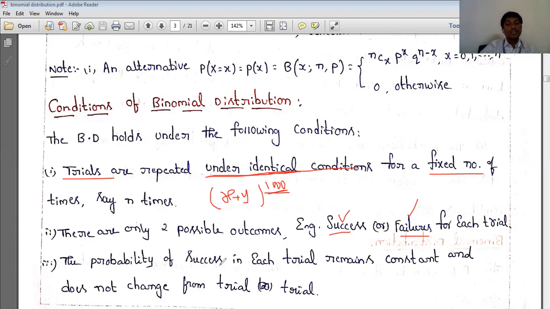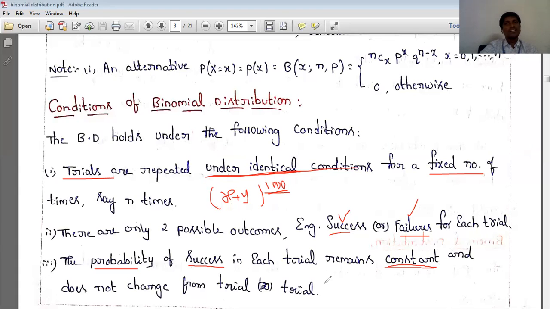And next, the probability of success in each trial remains constant. Whatever the number of trials you do, the probability of success must be constant. There is no change in that. Suppose you write an exam and pass it; does it change anything?